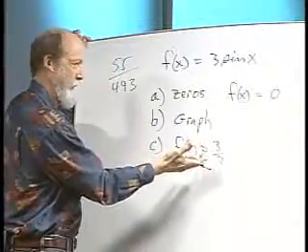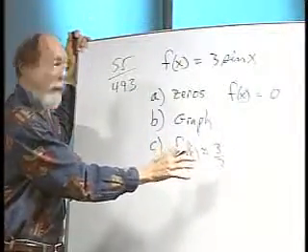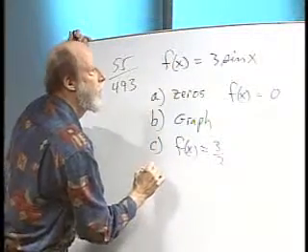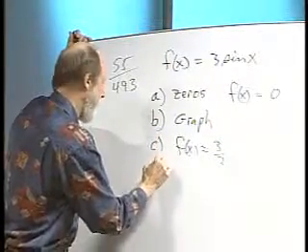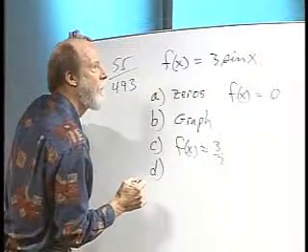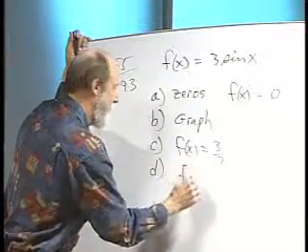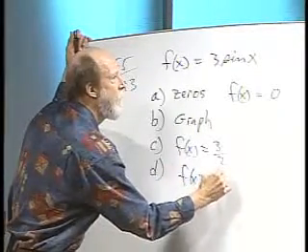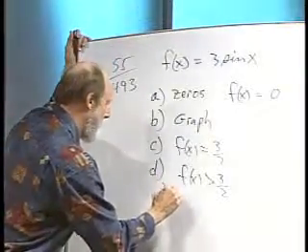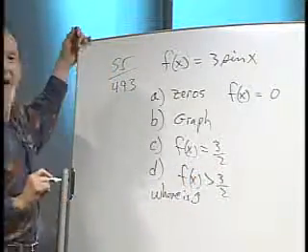This is almost an intermediate algebra kind of question, except with a trigonometric twist to it. And then finally, from the graph drawn in the results, determine the values of x such that f of x is greater than 3/2. So in other words, where is f of x greater than 3/2?